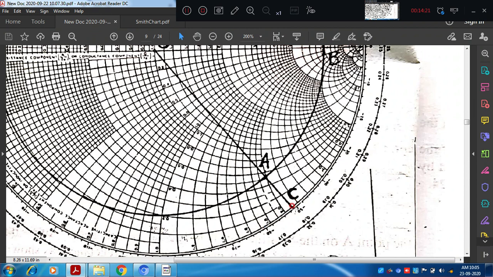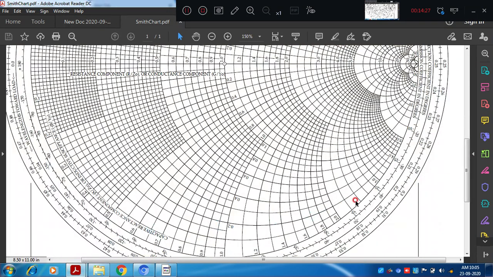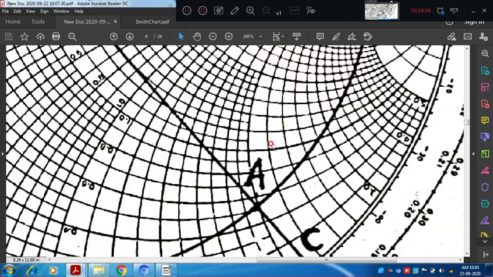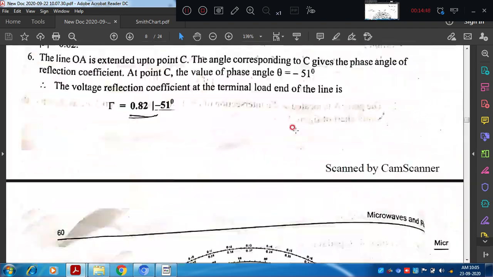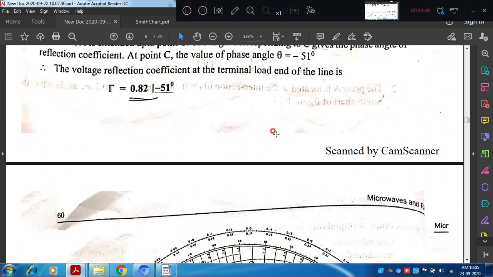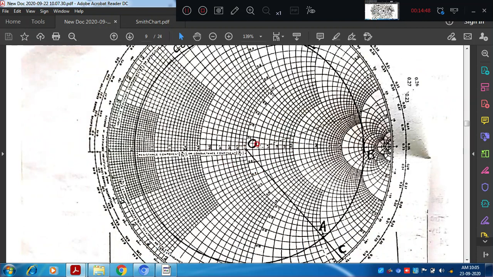That is the point C. You can observe more clearly here: it is -40, -50, somewhere. So it is cutting here, right? It is somewhere around -52. The same thing they have written here, it is -51.